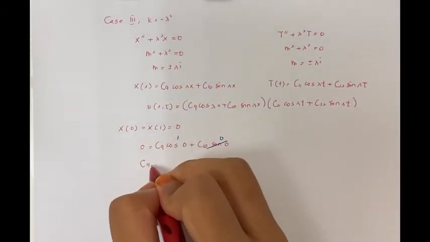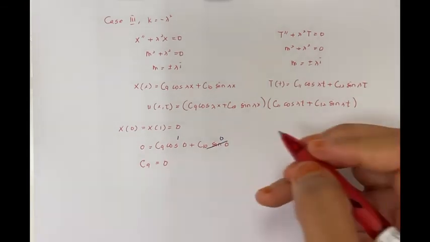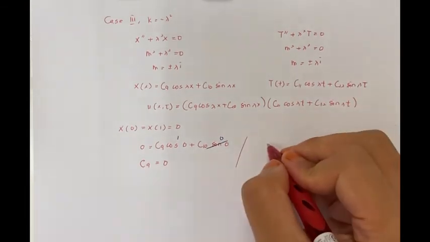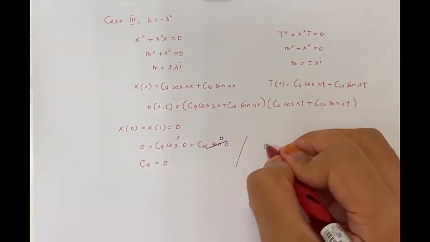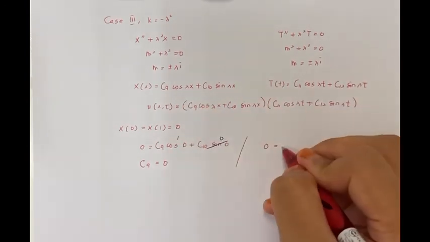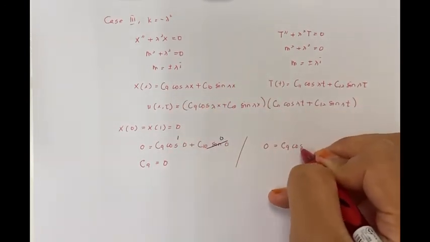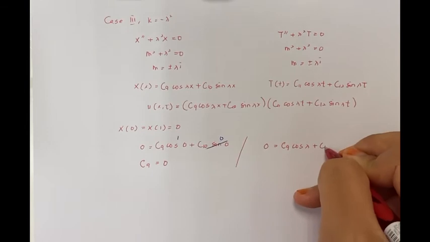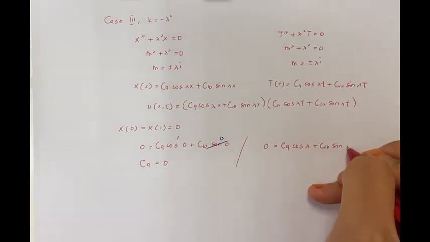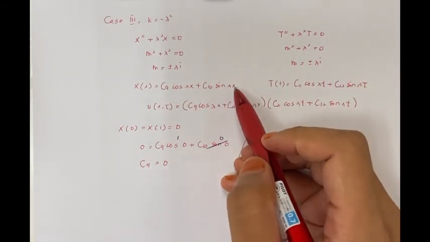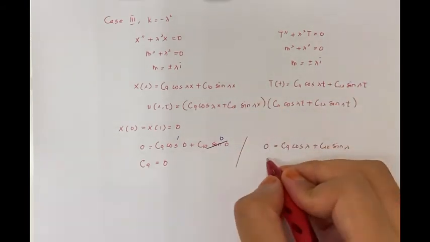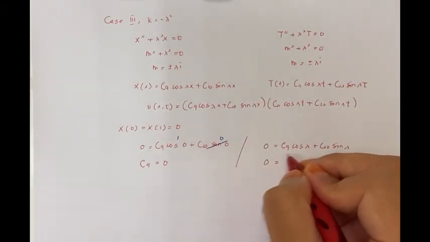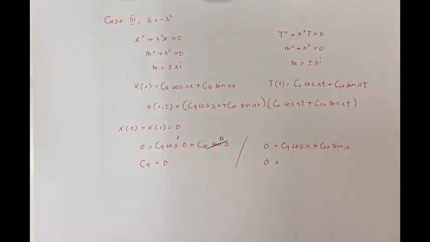So C9 is basically 0. For the second boundary condition, x1 equal to 0: 0 equals C9 cos lambda plus C10 sin lambda, because x is equal to 1. C9 is equal to 0, so you don't have this C9.